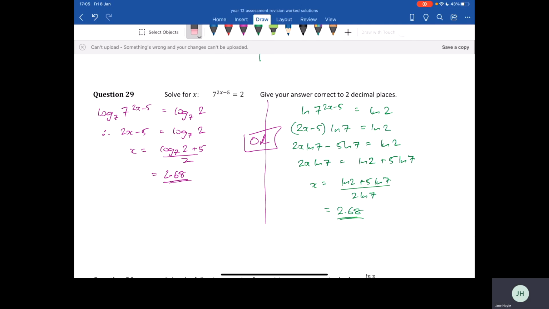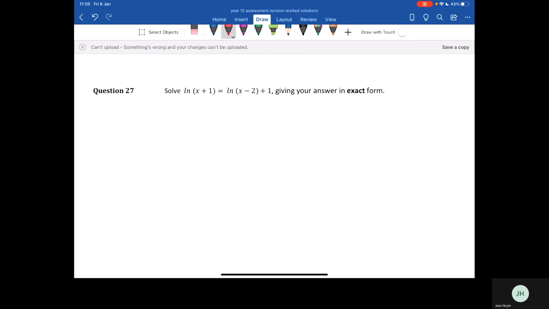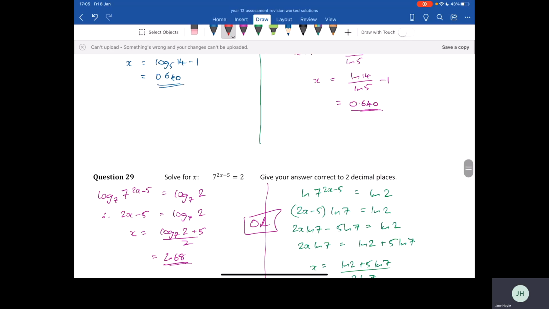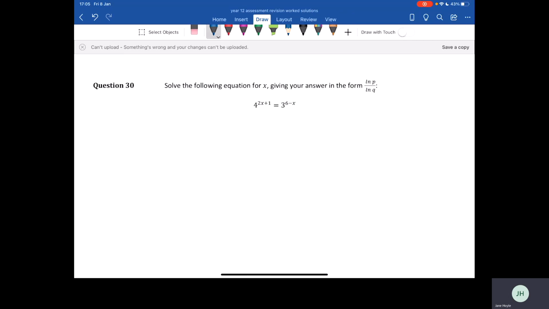And the last one. No, that's not duplicated. Is it this one here? Yeah. So here we have been told to take natural logs. I should say that we always get the same answer, but for exam questions, you would have different versions on a mark scheme depending on which log base you took.